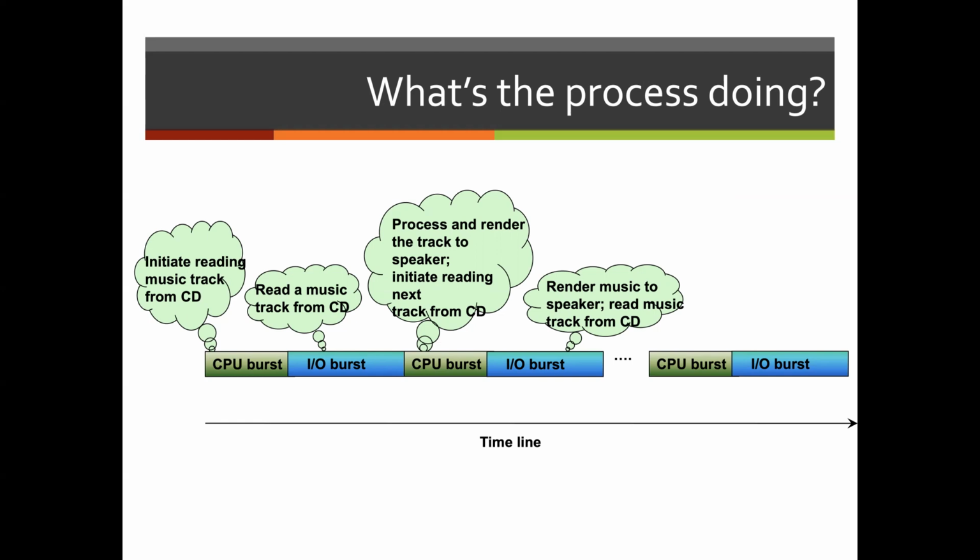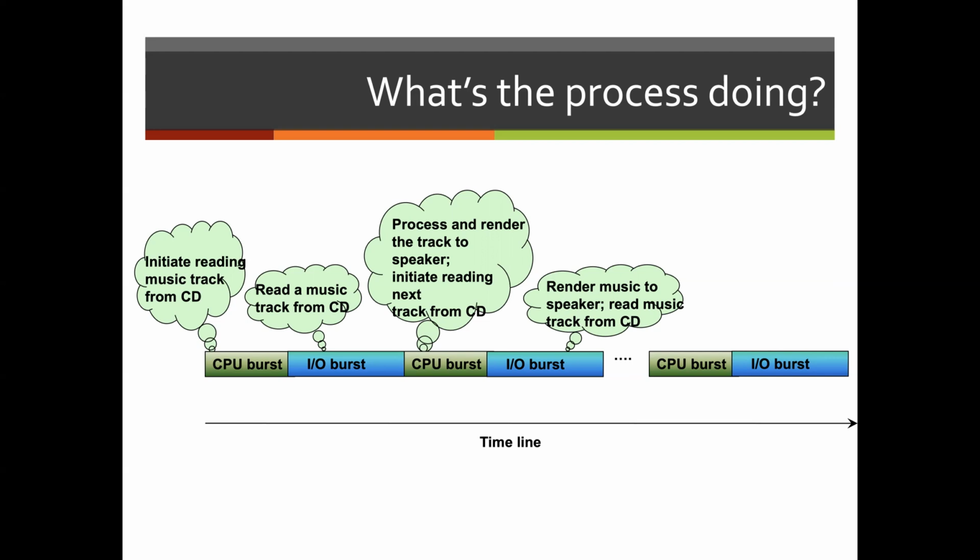Well, now it's all done from MP3s or streamed, but essentially what happened is you initiate reading the music track from the CD. That results in a CPU burst. We read a music track from the actual CD. That results in an IO burst.